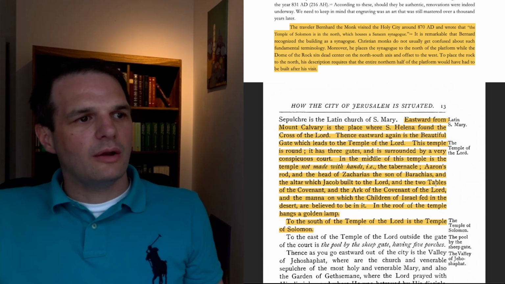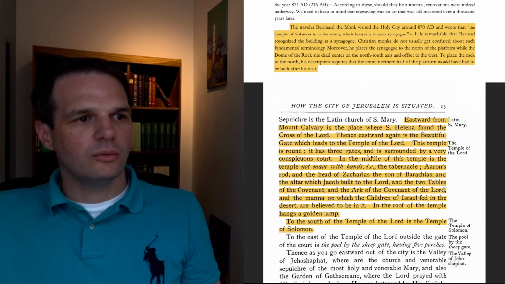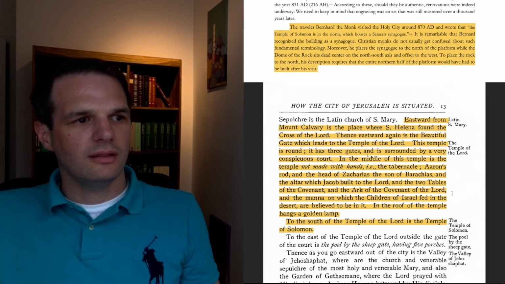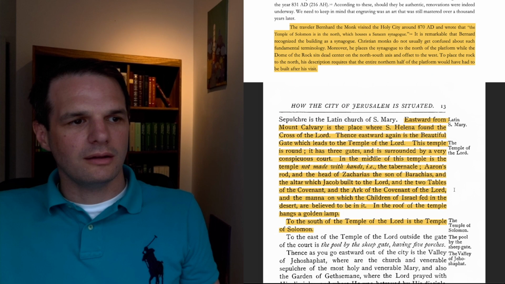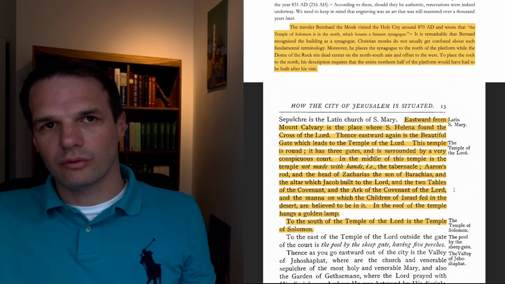And there's also Aaron's rod and the head of Zacharias and the son of Barachias and the altar which Jacob built to the Lord and the 2 tables of the covenant and the ark of the covenant of the Lord and the manna on which the children of Israel fed in the desert are believed to be in it. Now those are all beliefs associated with the Dome of the Rock.